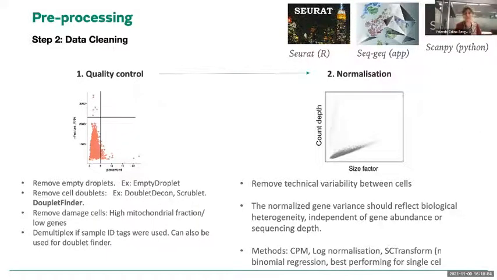But now there are other methods, such as SCTransform, which the Seurat team has developed and which is based on negative binomial regression. Basically, what you need to know is that it has been performing better for single cell analysis, and it was developed especially to tackle the problems that single cell data usually have. So yes, I would recommend that one.